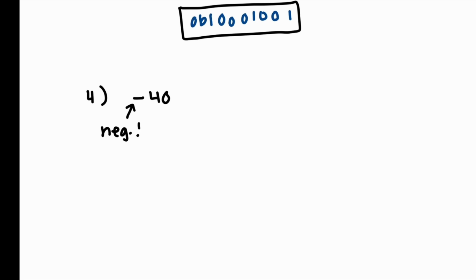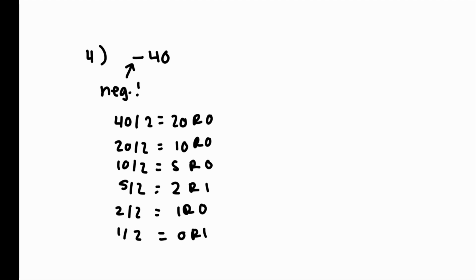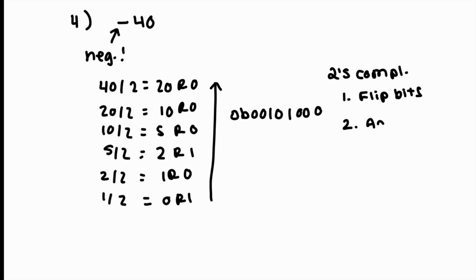So -40, let's convert it to binary. We're going to pad with zeros in the front. Then our first step in 2's complement is flip bits and then add 1.